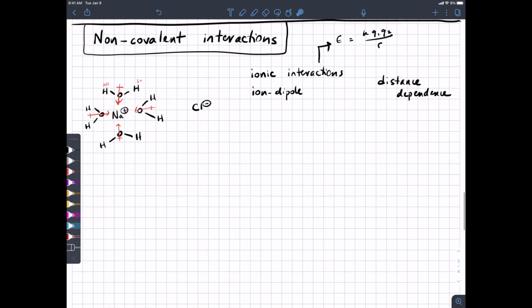Let's see. You've also heard, I'm sure, of dipole-dipole interactions and hydrogen bonding. Have you ever wondered what the difference between dipole-dipole interactions and hydrogen bonding is? There really isn't one. Hydrogen's just a special case.